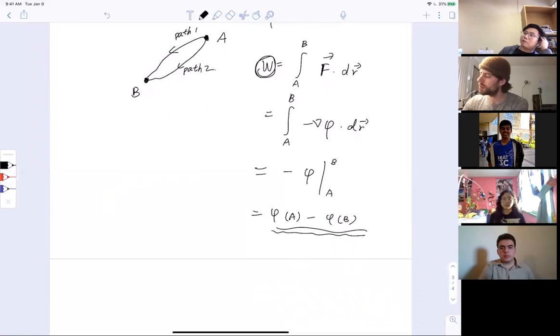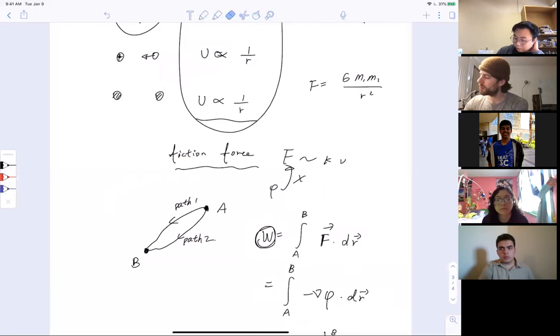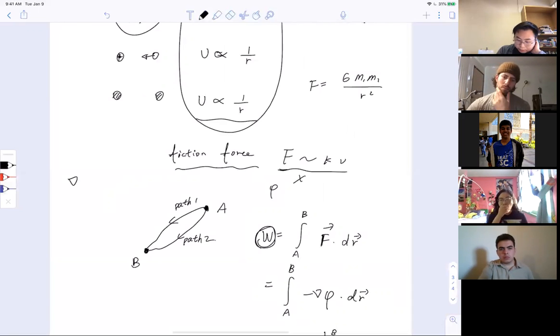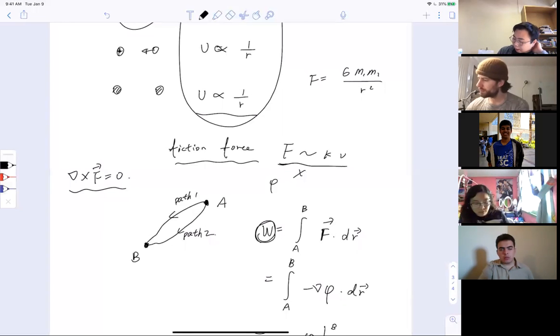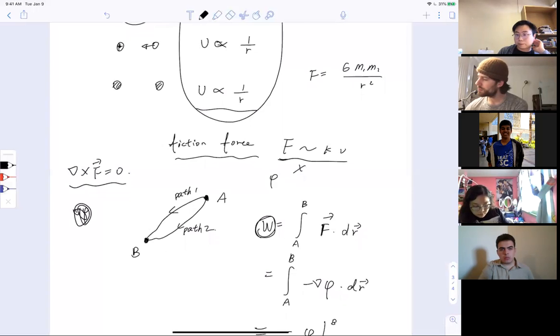Okay, so there's a question: what kind of force can we not assign a potential to, and why? So for example, for this force. Generally speaking, if a force is curl free, meaning that the curl of this force is zero, then we can assign a potential with this force.